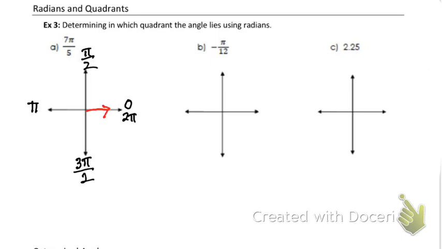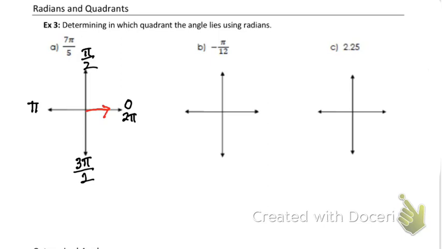It's a good idea to know these major measurements, the 0, pi over 2, pi, 3 pi over 2, and 2 pi. It'll be a nice starting off point if you can get that down. Now, here's the problem. If you're not great with fractions and you're not great at knowing where 7 over 5 is compared to 3 over 2, one of the easiest ways to do this is just use your calculator.